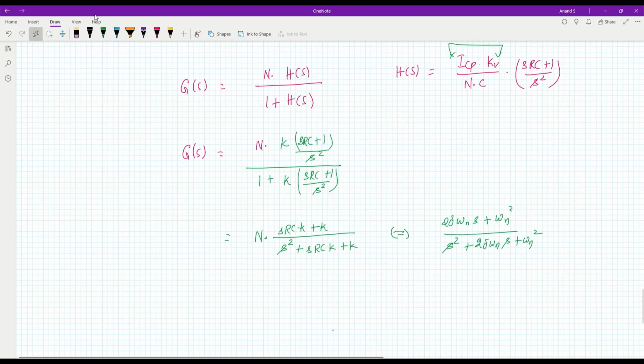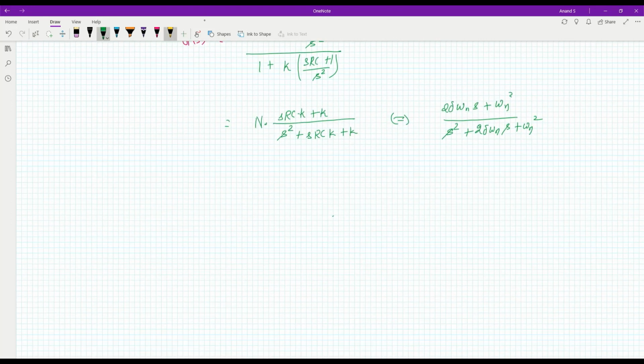So what we can do is equate this omega n. By equating omega n square to this K, we get omega n, which is called the natural frequency of the system. Omega n square is given by K, which results in omega n equal to square root of K. Similarly, we can compare this 2 delta omega n with RCK.